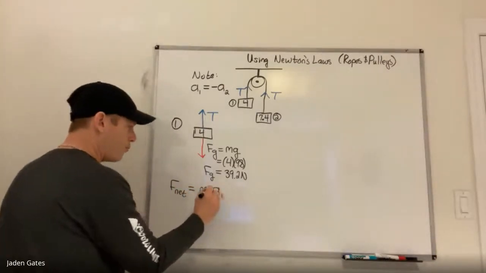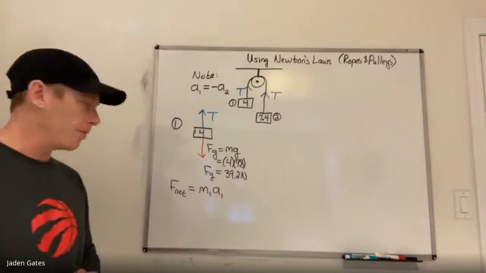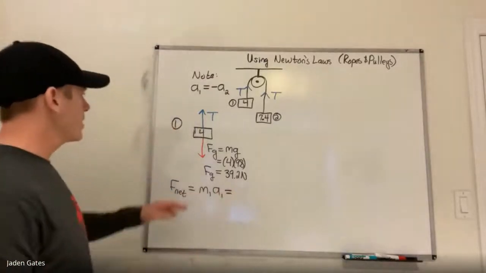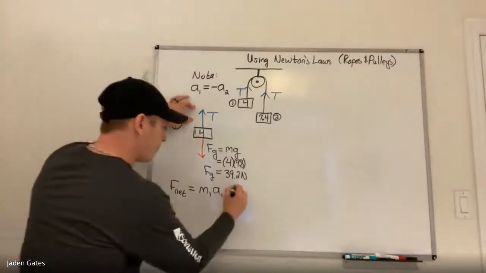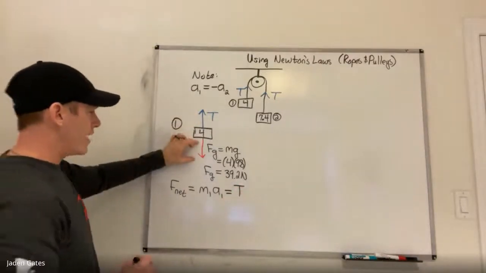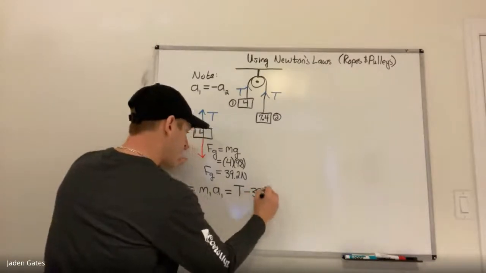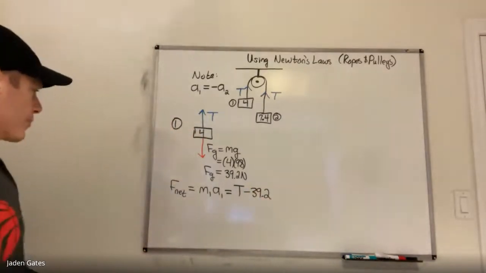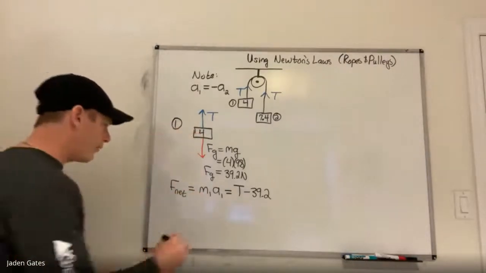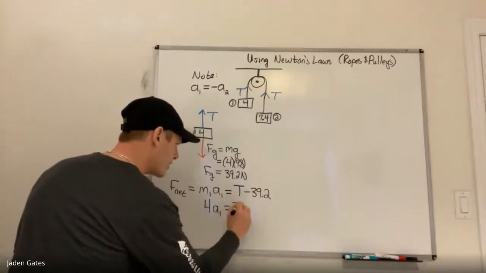I'm going to write M1A1, because we have two objects, so I'd better be careful with notation. The net force on this object is a positive T pulling up, and the force of gravity pulling down, so negative 39.2. I do know the mass of object 1 is 4, so I have 4A1 is equal to T minus 39.2.